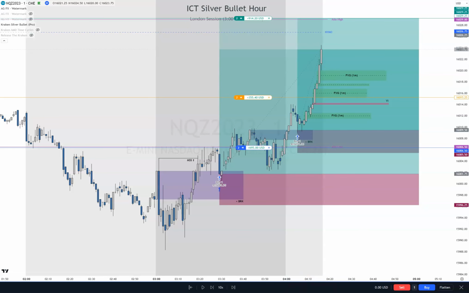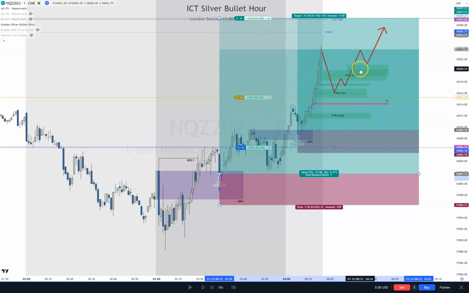Let's just say price came down here like this, and then like that, and we didn't move our stop, we got saved, but we had another PD array right here. These two are one. This is the second one. This is still the third one.